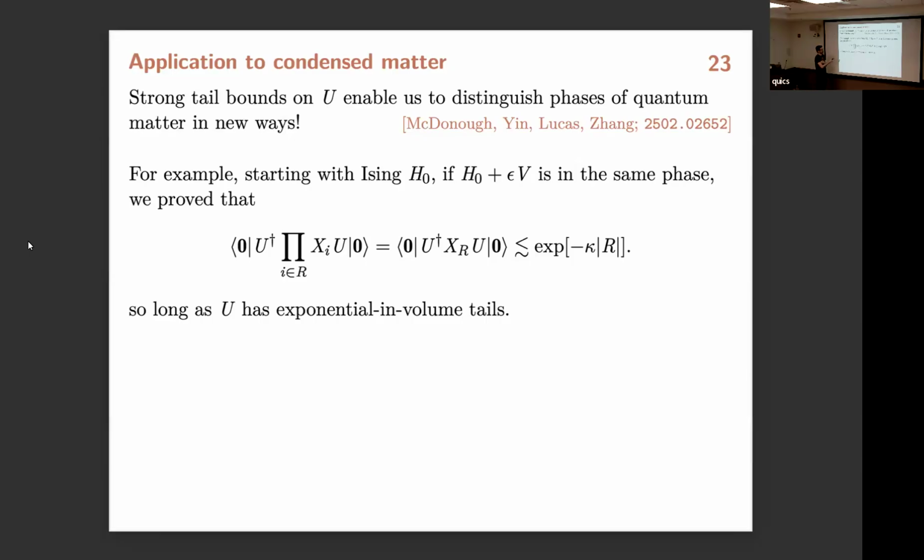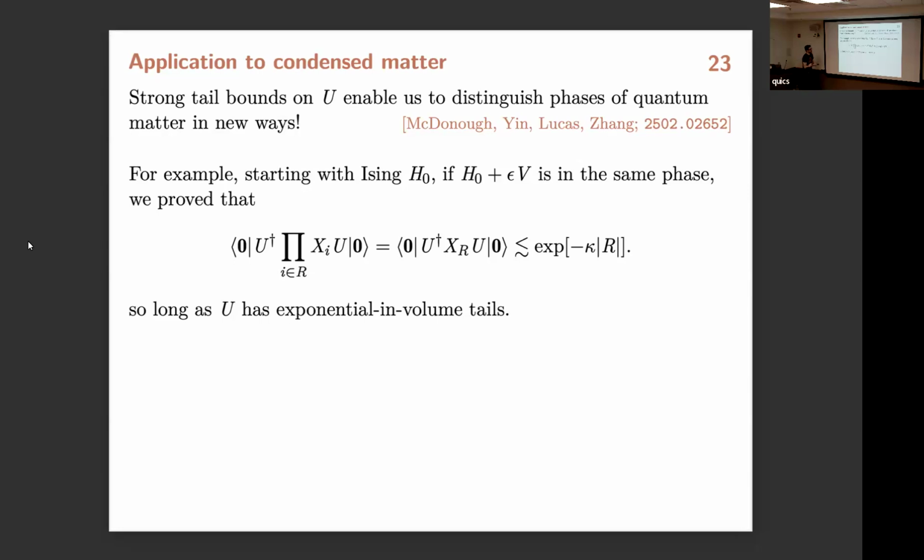This is intuitive from a cluster expansion or Taylor series type argument. You have to rotate every single Pauli X in this expression into something that looks like a Pauli Z to have a non-zero expectation value. That means you would need to pull down R terms from this U. So if the rotation is small, you would expect that you have to do that R times, which gets you this.